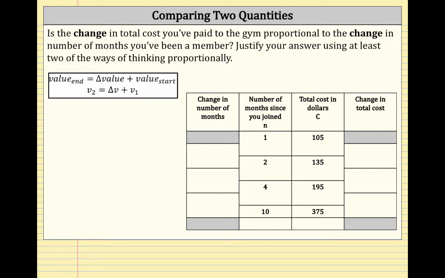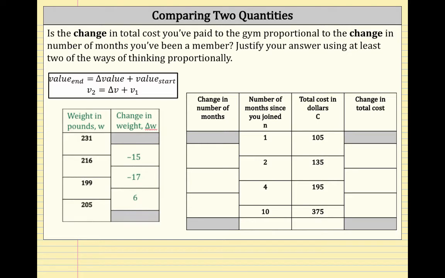Recall that the ending value is some change in value plus the starting value you began with. That could be written as V2 equals delta V plus V1. Thinking back to a previous example, we tracked the changing weight of an individual. When the person went from 231 to 216, that was a drop of 15 pounds, so we used negative.